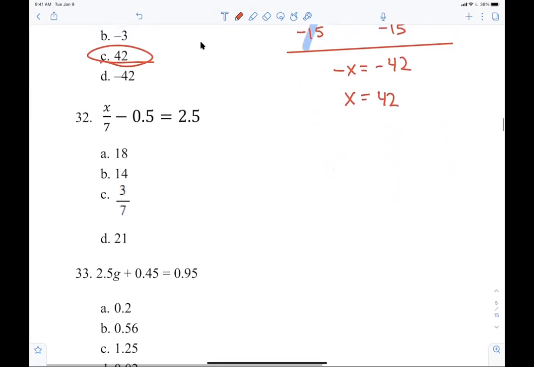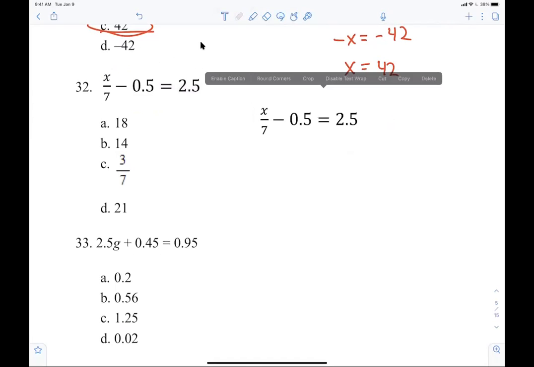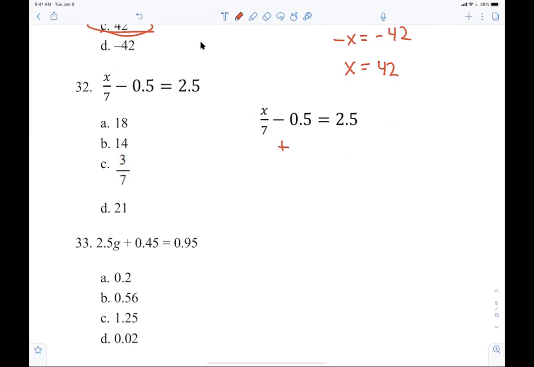Now, number 32, we have a decimal, not a hard one. Bringing it over. All right, Eddie, what do I do? So x over 7 minus 0.5. What do I do to both sides of the equation? Plus 0.5. Good.